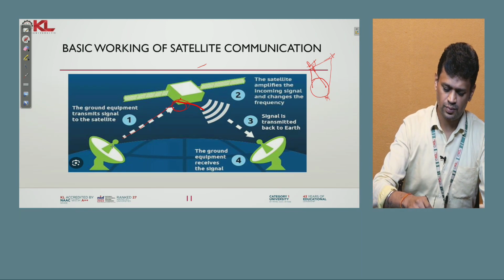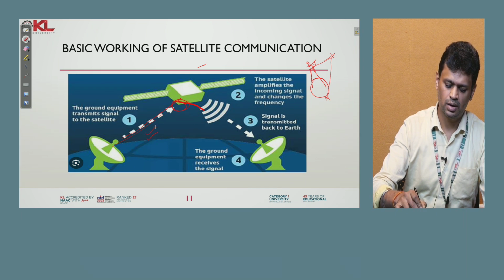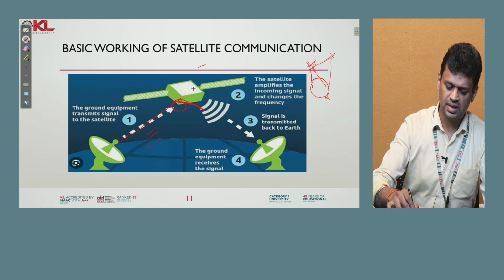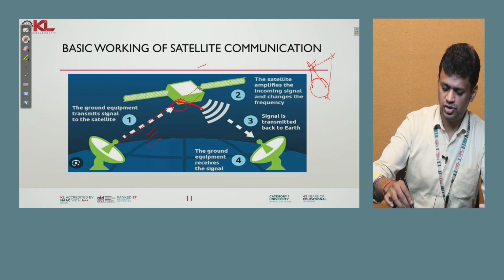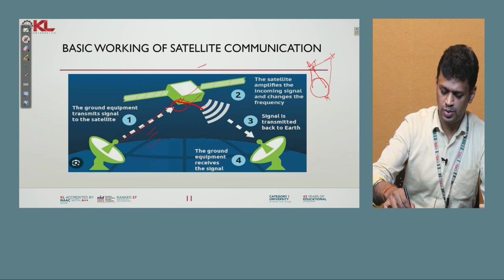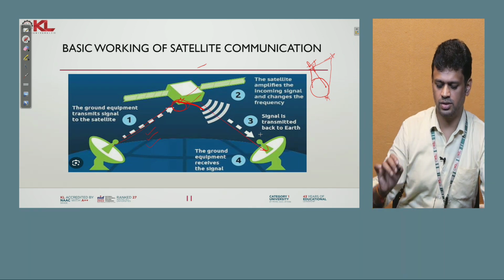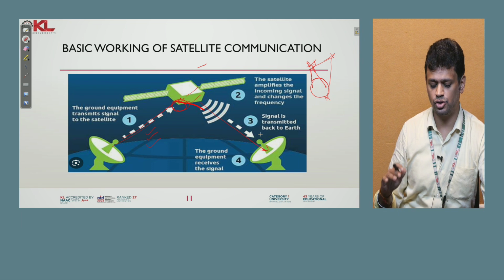So first, when it is being transmitted, this signal can be your video signal, voice signal, or any kind of data. When it reaches the satellite, it amplifies it first, and then it changes the frequency, and after changing the frequency, it transmits back to the Earth station, that is Earth station 2.